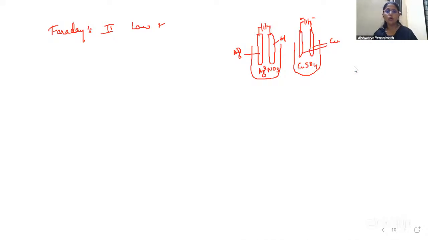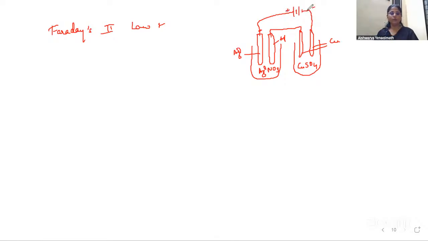Let us say both are connected to a single potential, plus and minus.